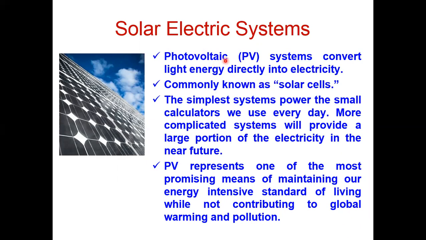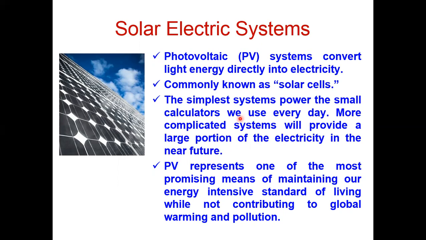So a solar photovoltaic cell converts light energy into electricity. Commonly it is known as the solar cell. The simplest system powers the small calculators we use every day, and more complicated systems will provide a large portion of electricity in the future.